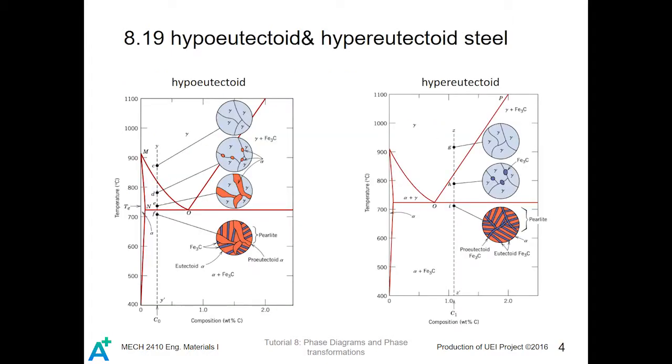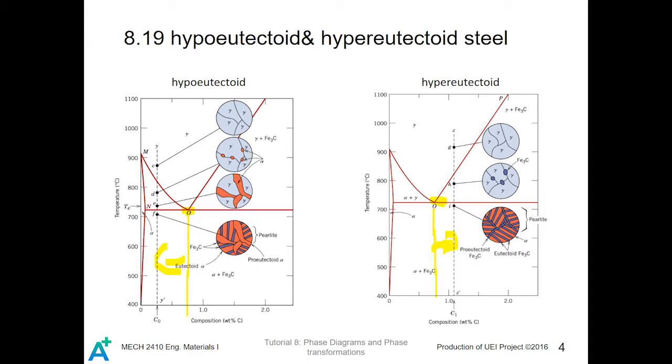Hypoeutectoid and hypereutectoid steel. As I mentioned, there is a eutectoid point in this system, which is indicated by my pen here, and therefore we can define hypoeutectoid steel and hypereutectoid steel by drawing a eutectoid line.